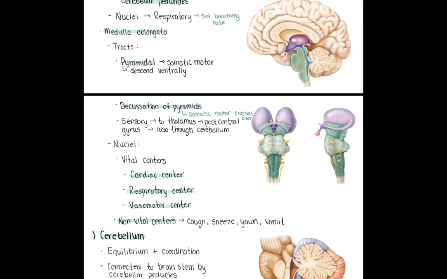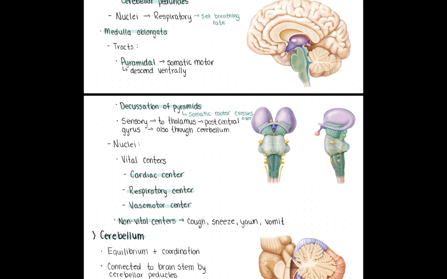The right side of the brain, the premotor cortex or the prefrontal cortex, controls muscles on the left side of the body. That crossing over happens here at the decussation of pyramids in the medulla oblongata.